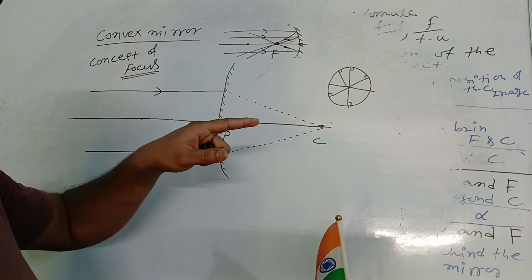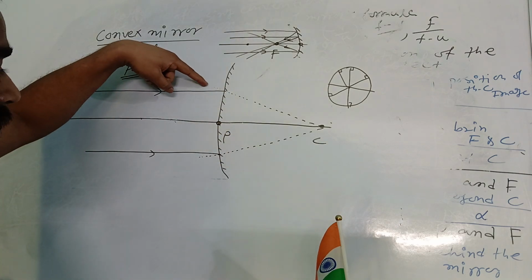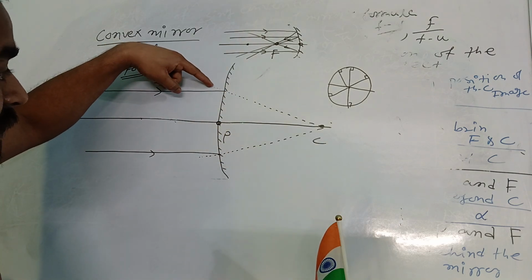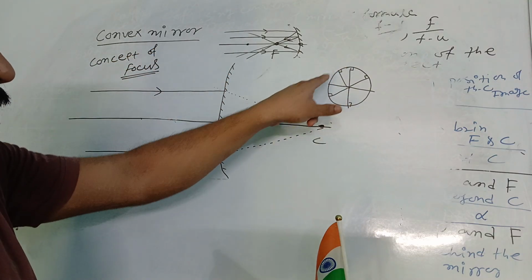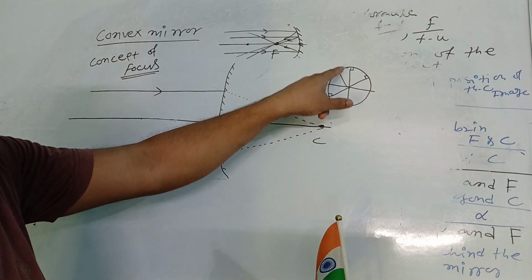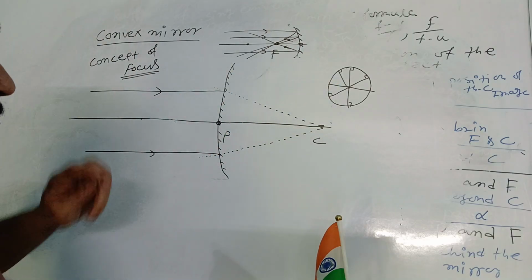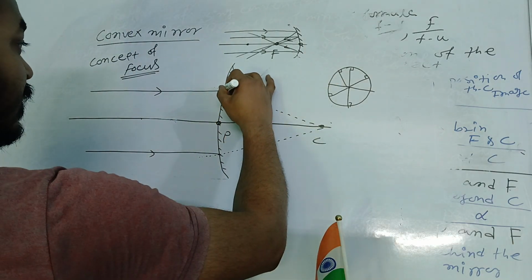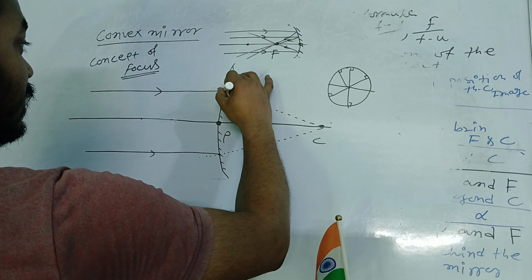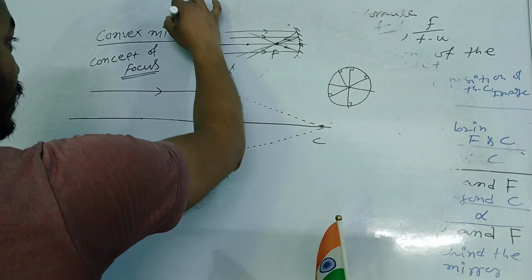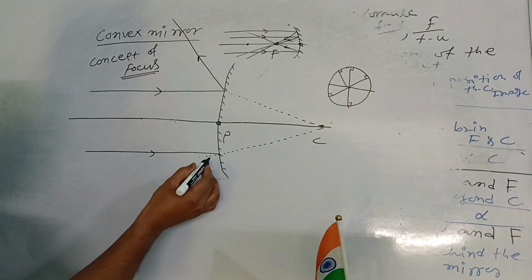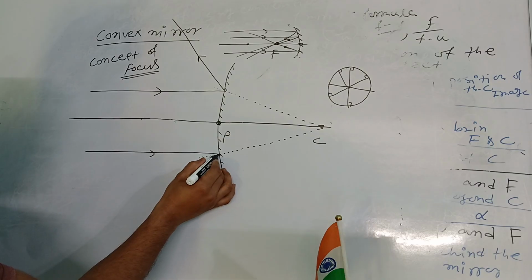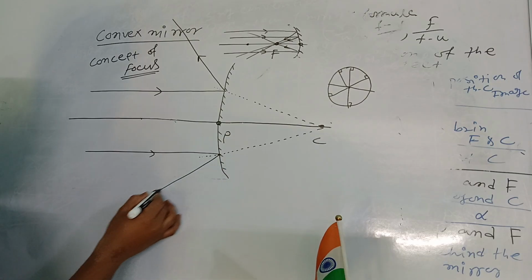At this point, this is the normal, and this line will pass through the center of curvature, because it is a sphere and the radii are normal to the surface. So angle of incidence and angle of reflection are the same. So it is reflecting in this direction. It is also reflecting along this direction.